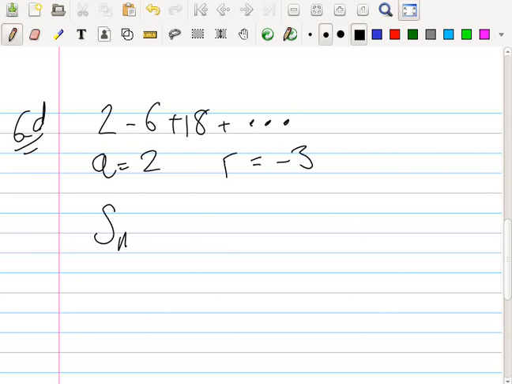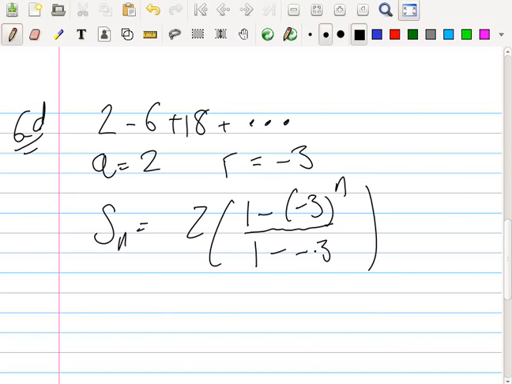So the sum is A times 1 minus R to the power n over 1 minus R. Well, 1 minus minus 3 is 4. 2 over 4 is a half. Yeah. So I hope, if the answer's not this at the back, I'm sorry, but it should be that. It is that. Yeah, so 6D, that's fine.